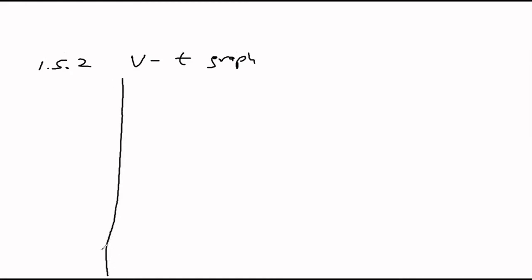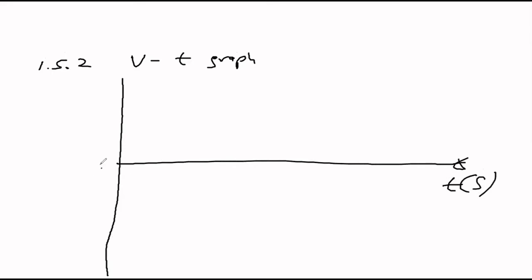Okay, let's go to the second sketch, 1.5.2, which is the velocity time graph. Along the x-axis, we have time in seconds. Along the y-axis, we have v in meters per second.